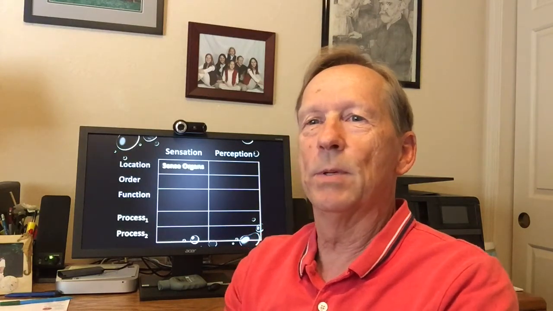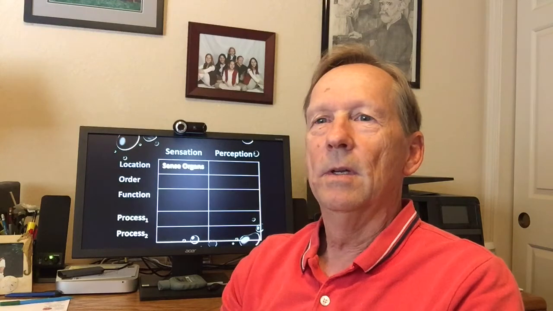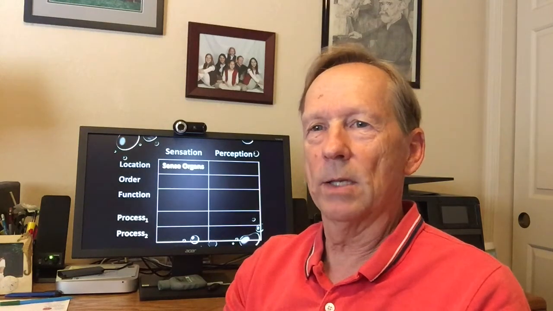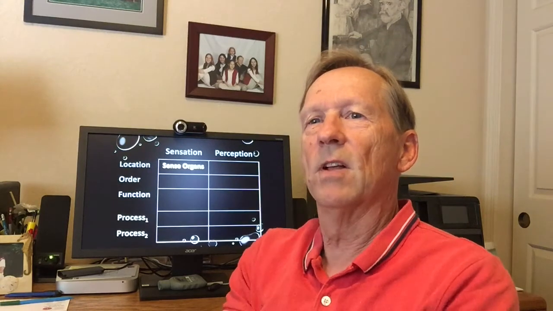So first of all, let's talk about what sensation and perception is in terms of location, order, function, and two elements of process. So first of all, sensation occurs in sense organs.